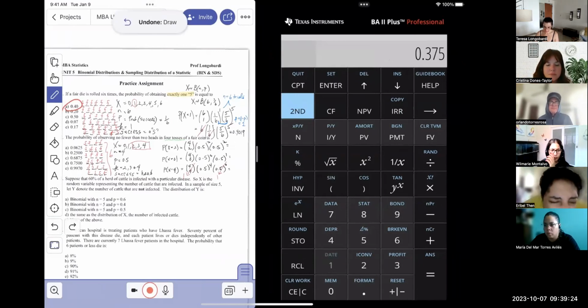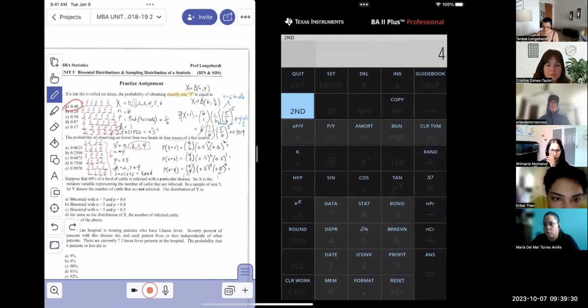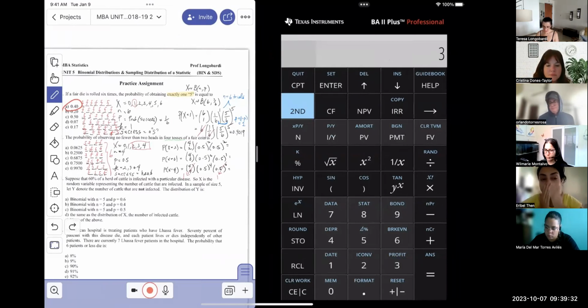I'll just store that. I'll pull that up in a moment. Let's do the second one. 4 second function NCR 3 equals, so remember I told you that would be 4 times 0.5 to the 3 times 0.5. And I'll store that in 2.